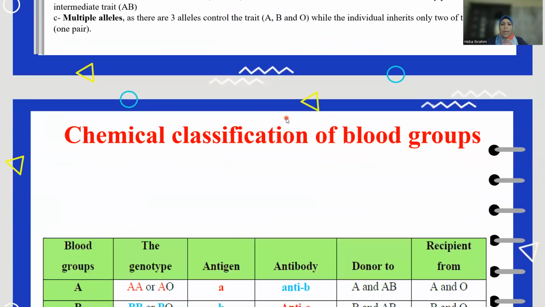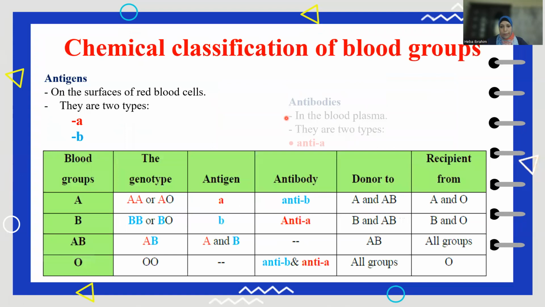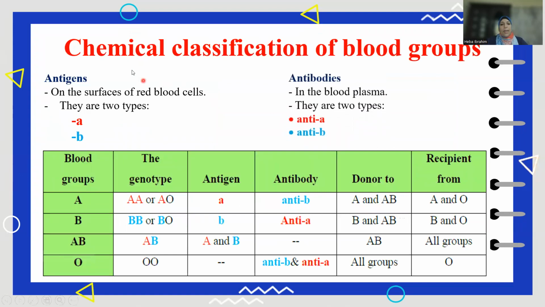What about the chemical classification of blood groups? Chemical classification means that blood groups are controlled by 2 chemical substances, mainly 2 different types of proteins: antigens and antibodies.